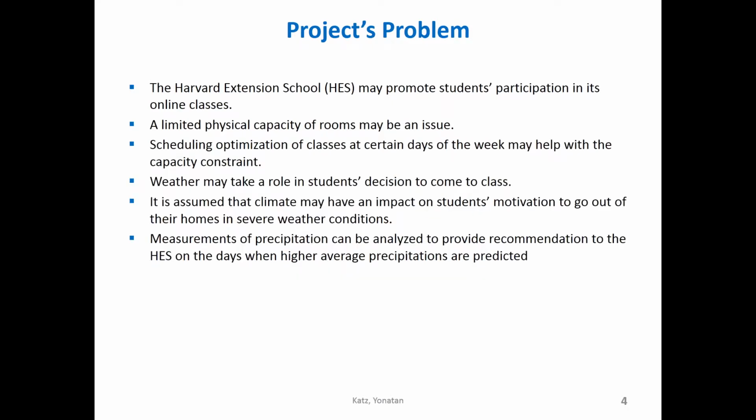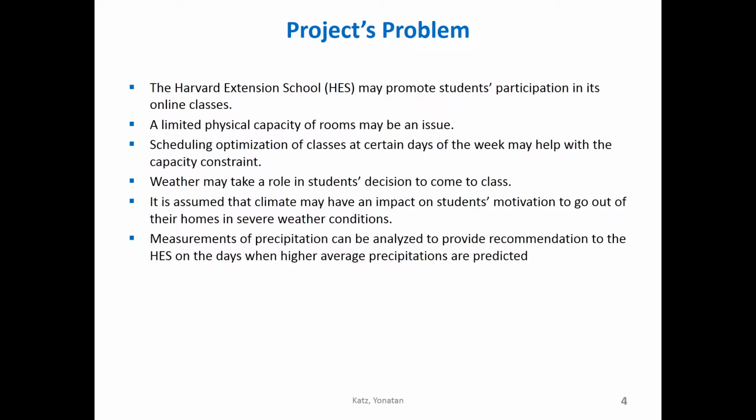For my project, the statement of the problem is as follows. The Harvard Extension School may promote students' participation in online classes, and a limited physical capacity of rooms may be an issue. Therefore, scheduling optimization of classes at certain days of the week may help with the capacity constraint.